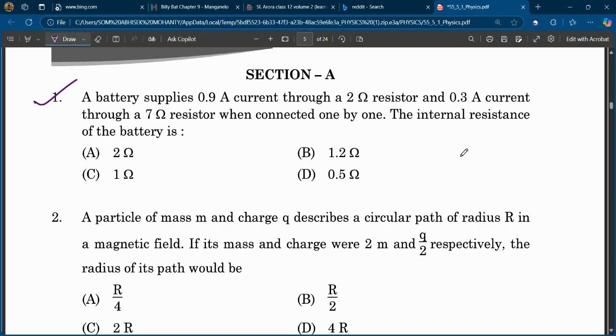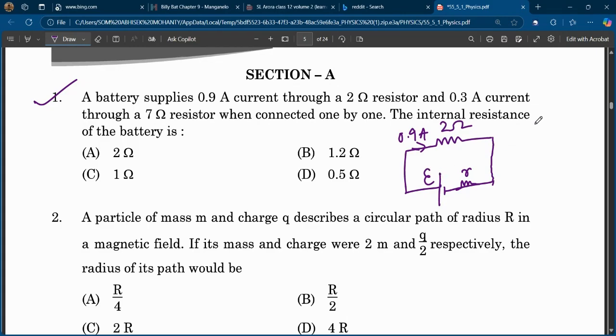The battery supplies 0.9 ampere current through a 2 ohm resistor, when connected one by one. So this is the battery, and the battery also has an internal resistance, the small r, and suppose this is E. So 0.9 ampere current is going through it.